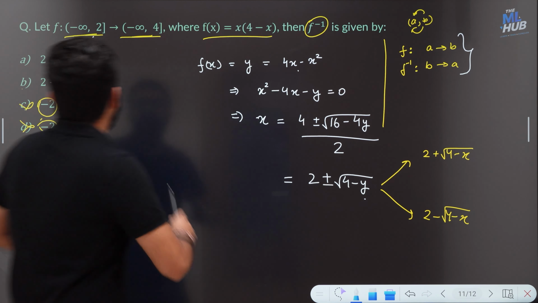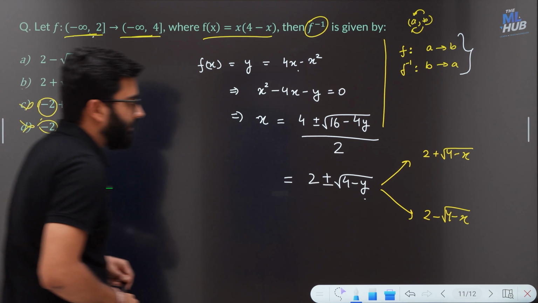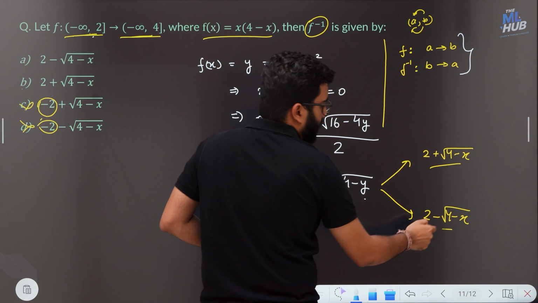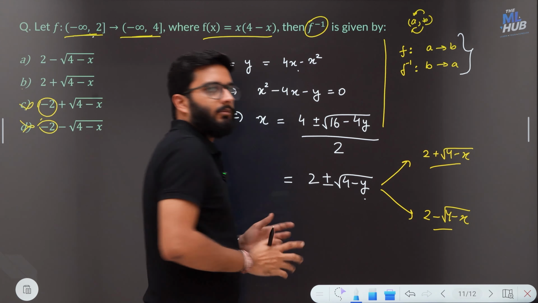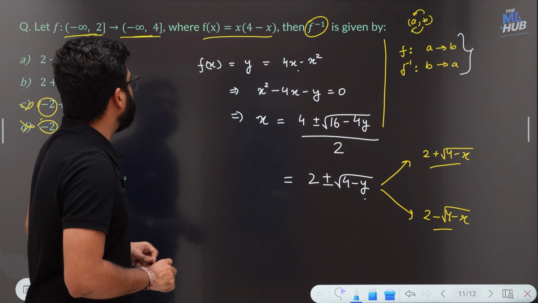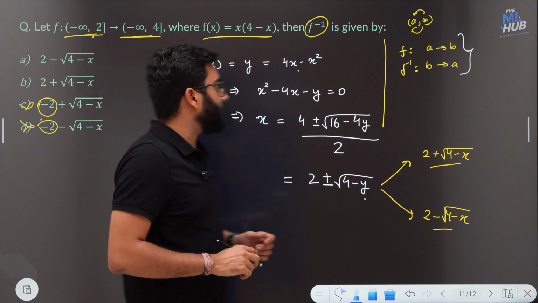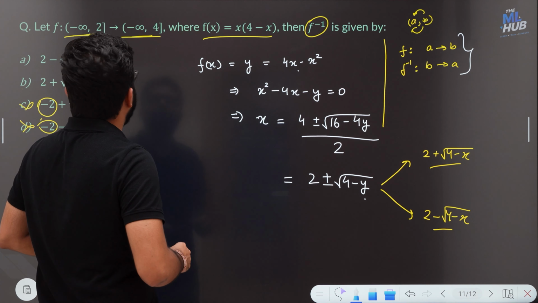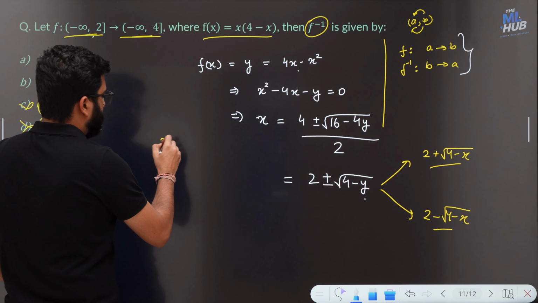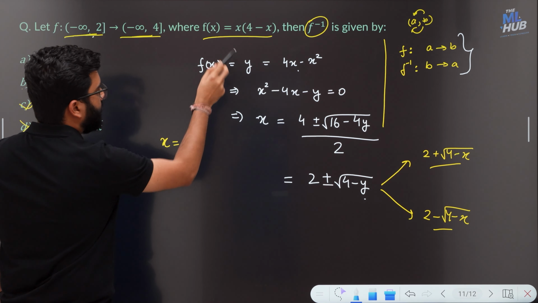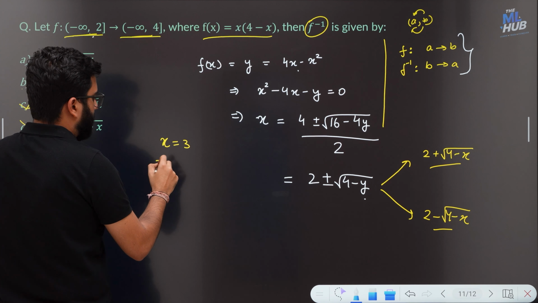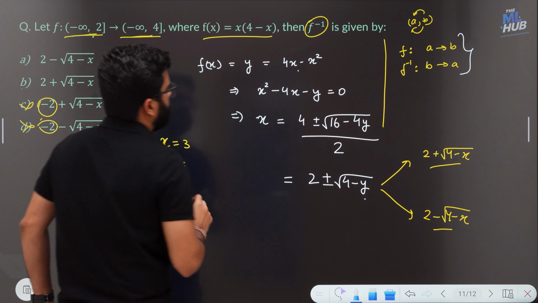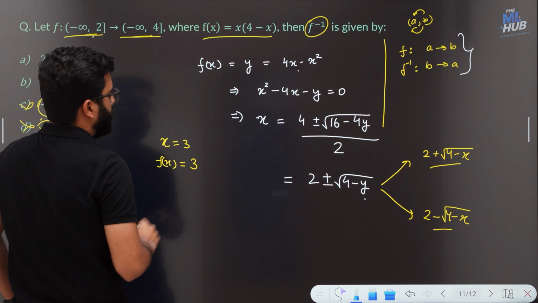So we need to find a mapping a to b in such a way that the corresponding b to a mapping should be present in either this or this. Whichever holds true will be the correct mapping. Then the second one will be eliminated. So here if x is 3, then f of x will be 3 times 4 minus 3, which is 3.